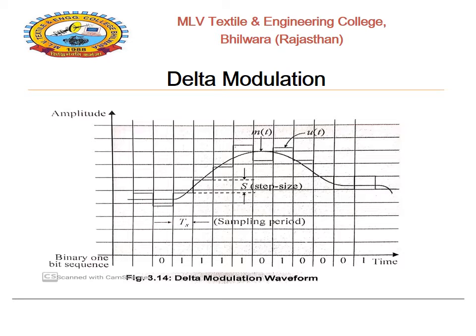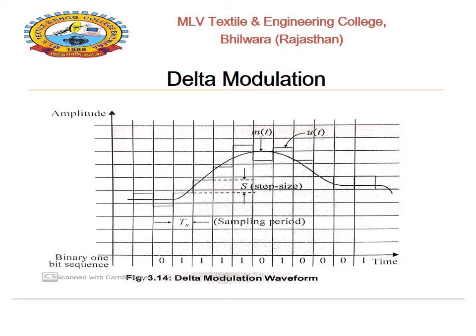As seen in this figure, there is the analog continuous signal m of t, and the other waveform is the staircase waveform, that is u of t, also known as the approximated signal. So basically there is a comparison between m of t and u of t.